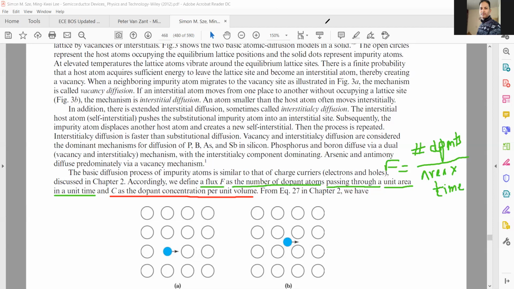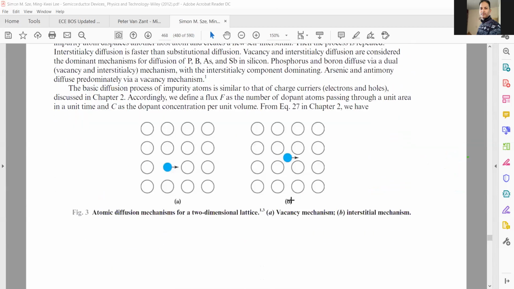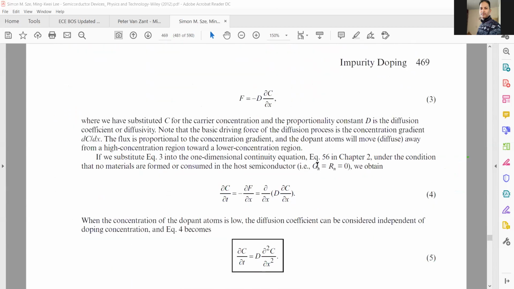Okay, you go through the textbooks. Now we will move forward to this important equation.